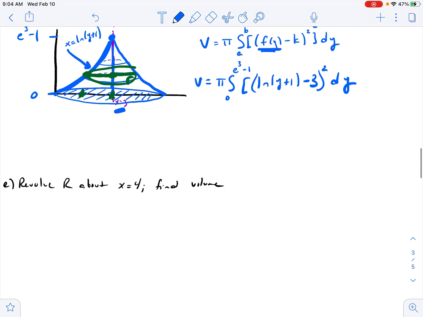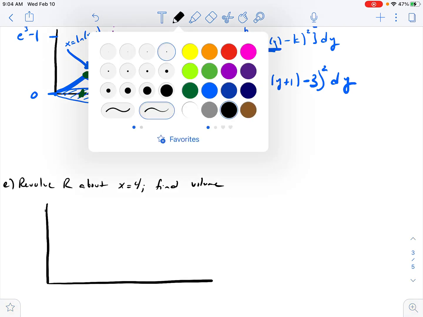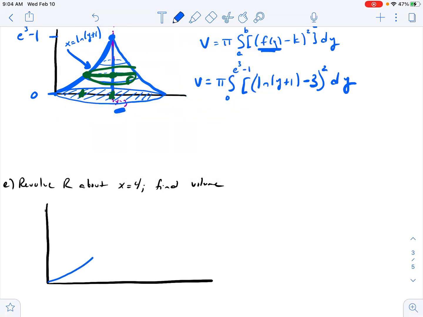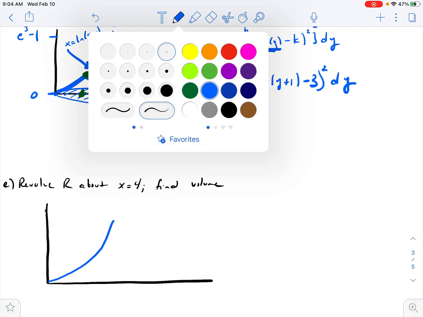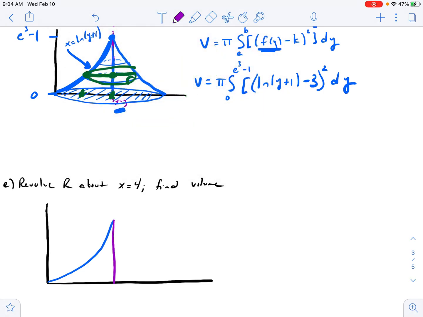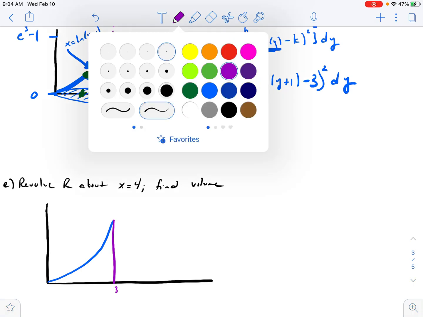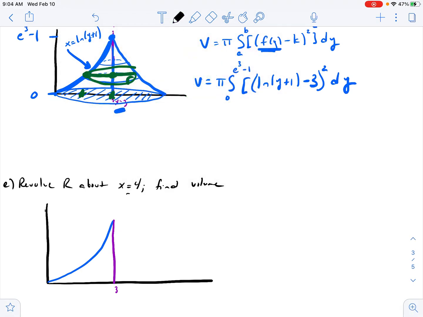Okay, let's take the same region, and now we'll move the axis of rotation to the right a little bit from the previous example. So there's x equals 3, and now I'm bringing the axis of rotation over to x equals 4. So I'm going to draw it like this.